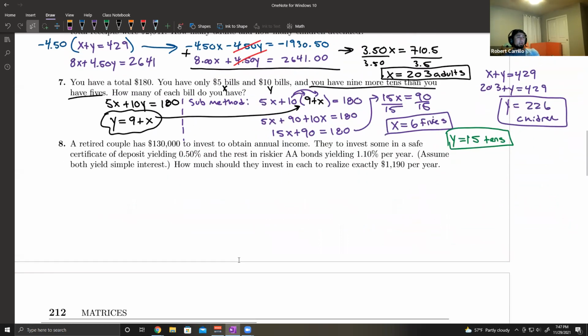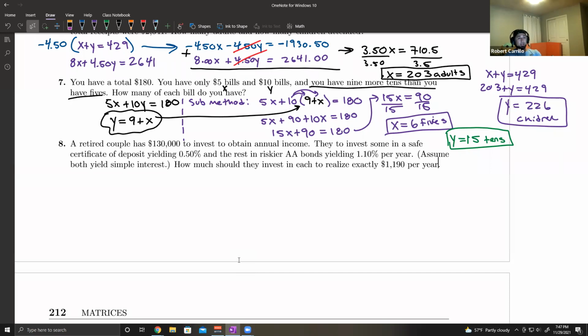A retired couple has $130,000 to invest to obtain annual income. They invest some in a safe certificate of deposit yielding 0.50% and the rest in riskier AA bonds yielding 1.10% per year. Assume both yield simple interest.